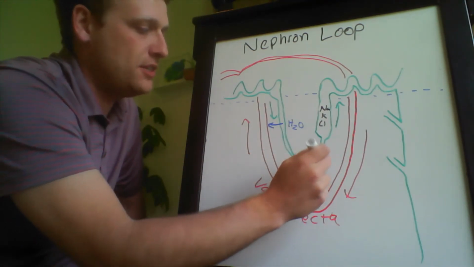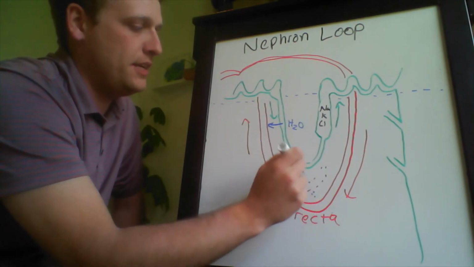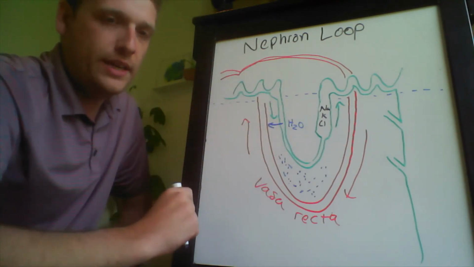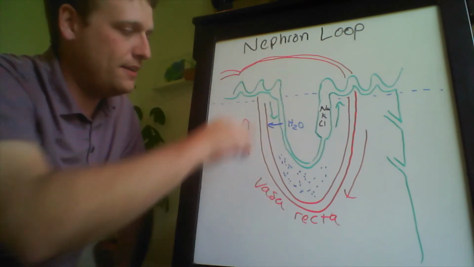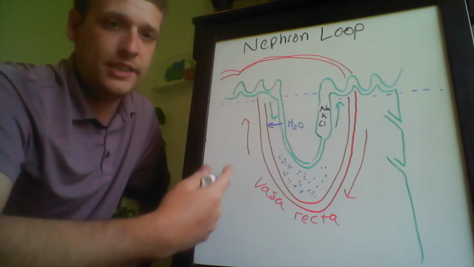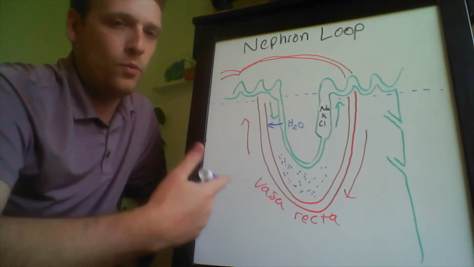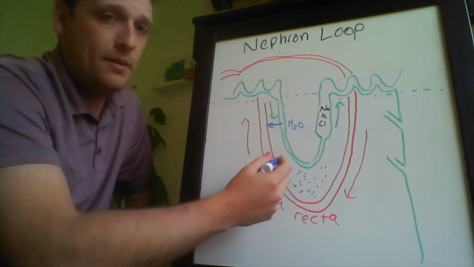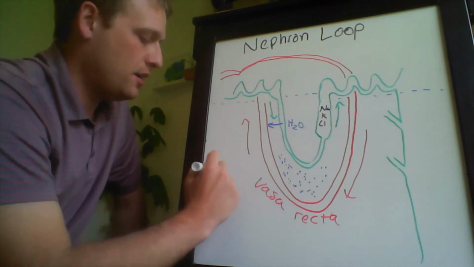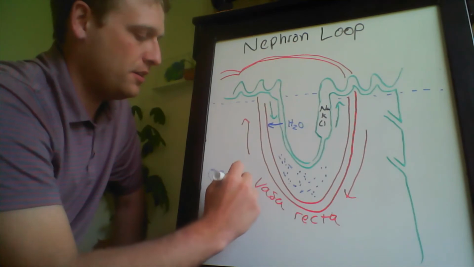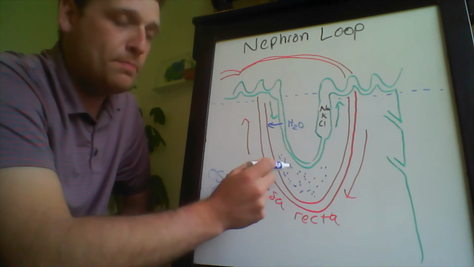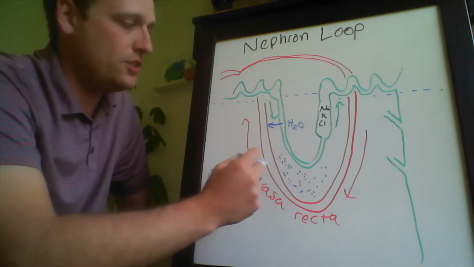So there are lots of dissolved solutes down here in the renal medulla. And the further down you get, the closer to the bottom that you get in the renal medulla, the saltier it is. And so the more water reabsorption can take place. Because the more solutes you have, the higher your osmotic pressure. So there is pressure pulling water in this direction.